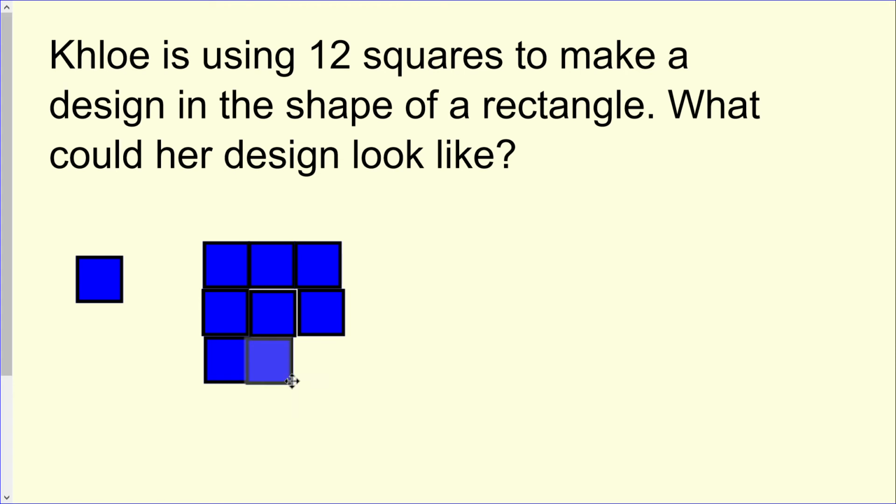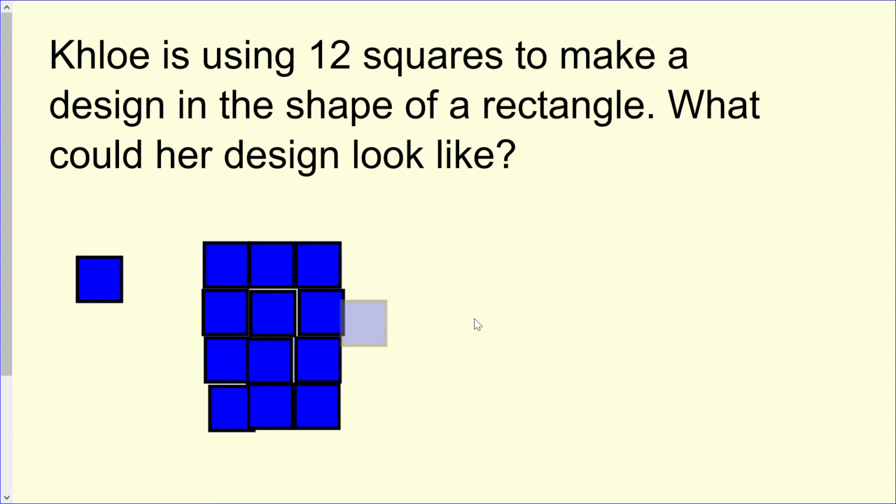Remember, we have to build a rectangle. Is that 12? Nope. So if we keep on going, this is one rectangle that she could have made. 3 plus 3 plus 3 plus 3 equals 12. Is there another one? Yeah. We could have made 4 in the row.